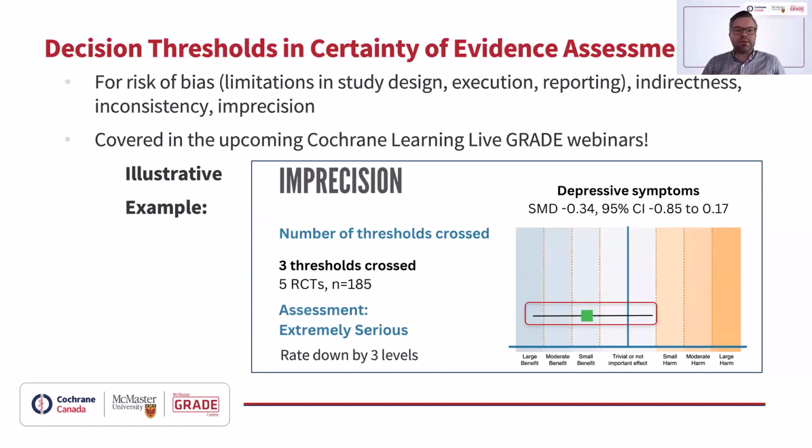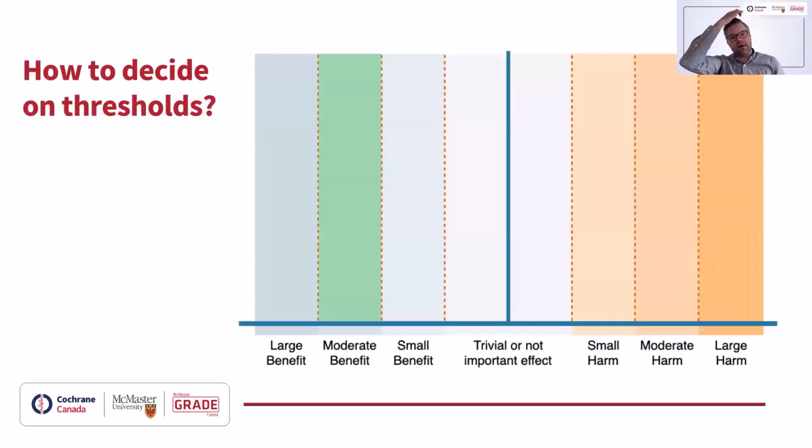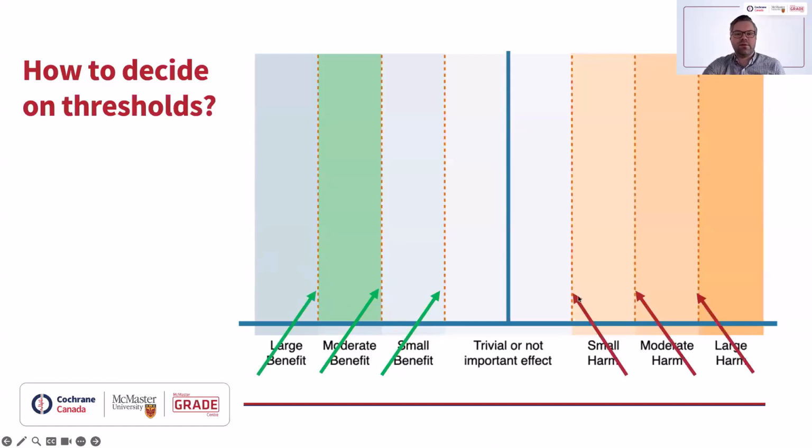So you'll see many more examples in the upcoming webinars on each of the GRADE domains for rating the certainty of evidence. But for today, we want to cover how we actually decide on the thresholds and apply them in our systematic reviews. How do we decide what is the threshold for going from a trivial effect to a small benefit, from a small to a moderate benefit, from a moderate benefit to a large benefit, and likewise our thresholds for each of the harms: small, moderate, large harms.